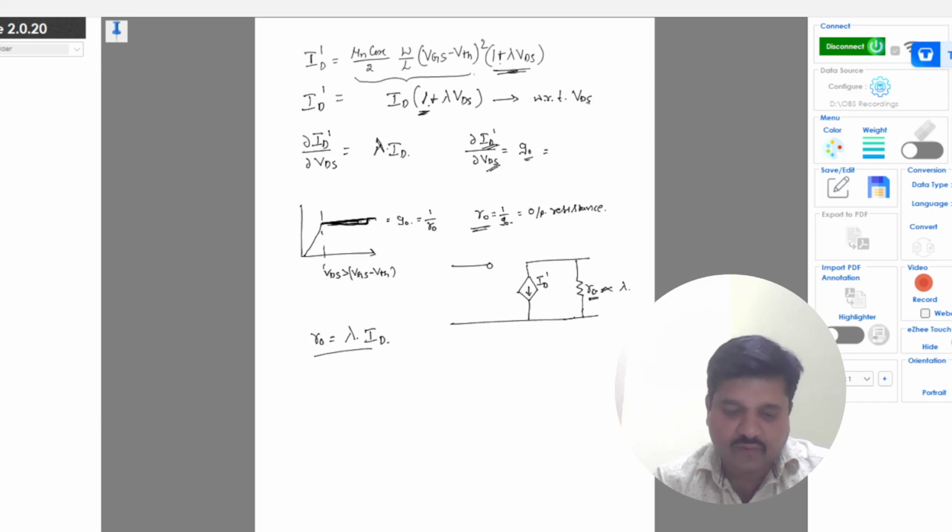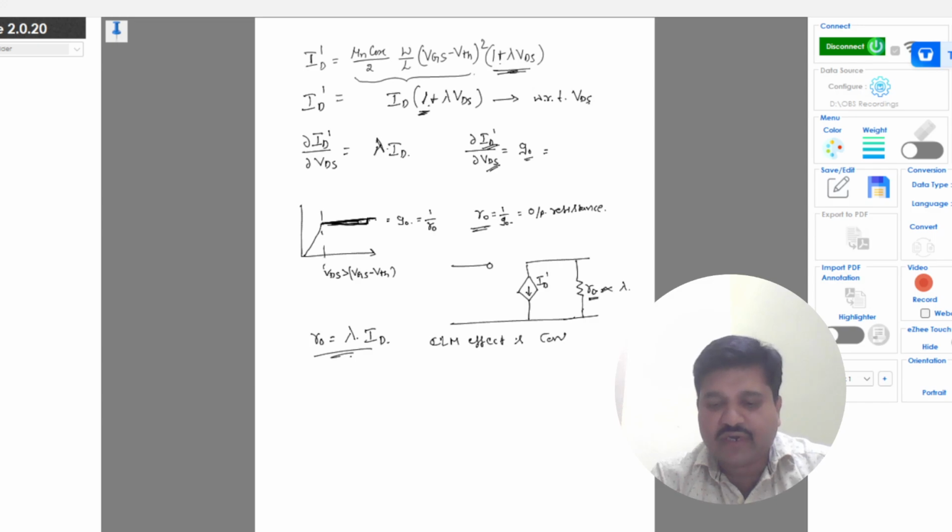id. Now the effect of channel length modulation is considered if lambda is not equal to 0, similar to the early effect of BJT.